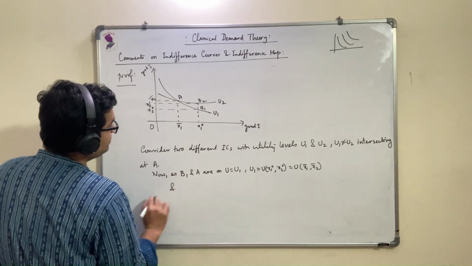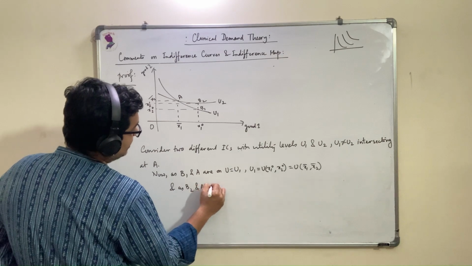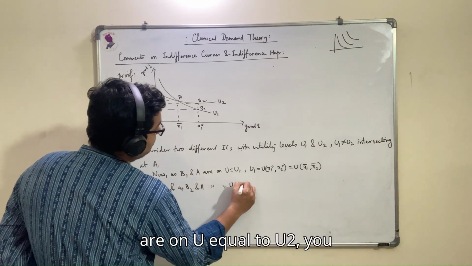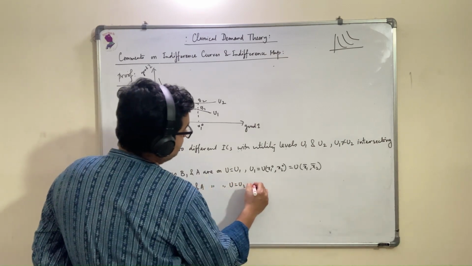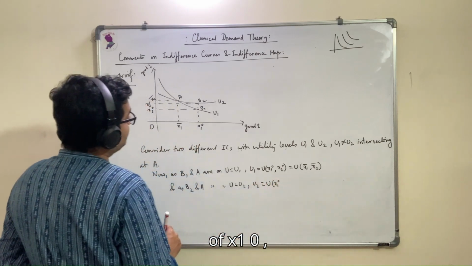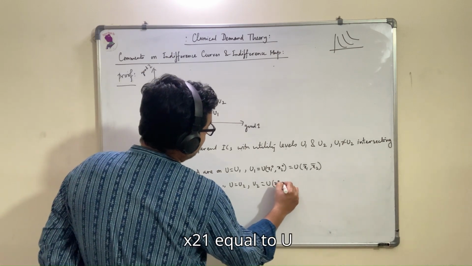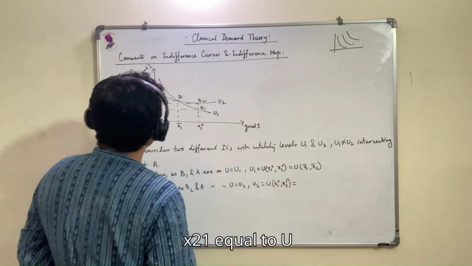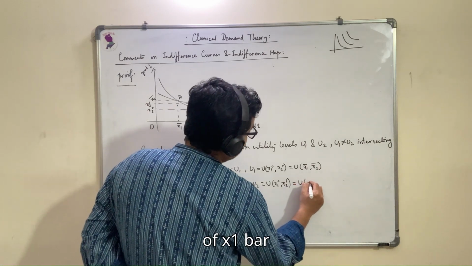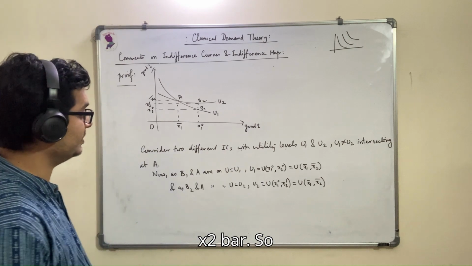And as B2 and A are on u equal to u2, you can write u2 equal to again u of x1 naught, x21 equal to u of x1 bar, x2 bar.